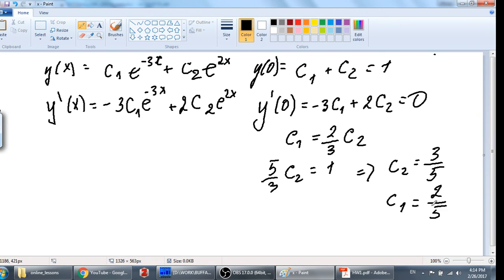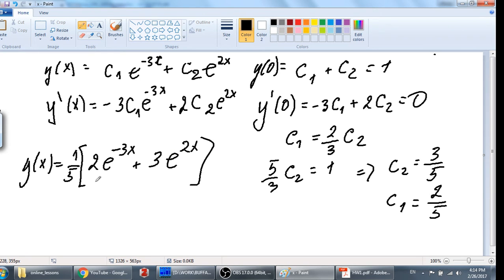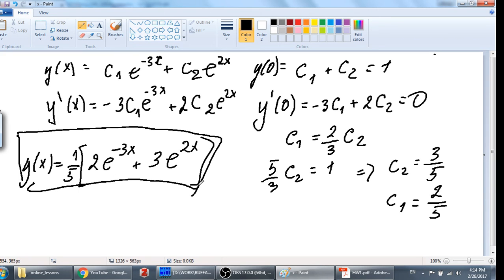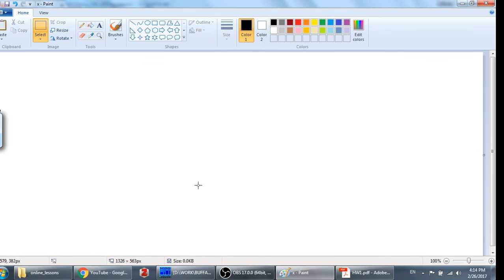So then your specific solution will be, let's put one fifth in front here, and we get 2 e to the 3x plus 3 e to the 2x. Yes, that is the solution of the second order differential equation, homogeneous, of course.